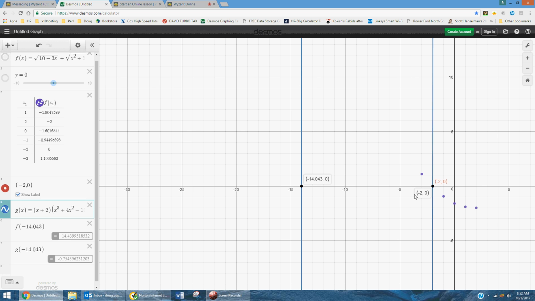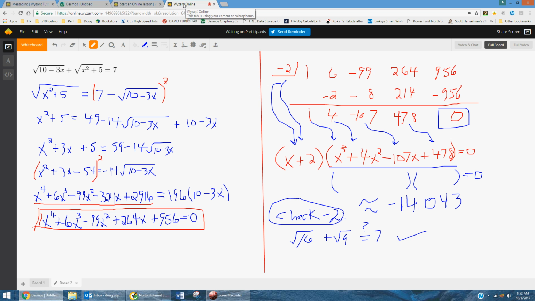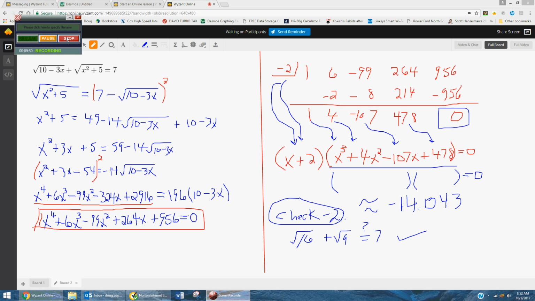So -2 is the only root. And wow, sadistic to put a problem like this in some kind of algebra practice. I mean, bordering on ridiculous. Okay, but I'm going to end the video and hope that at least gave you some clue as to how to do this.